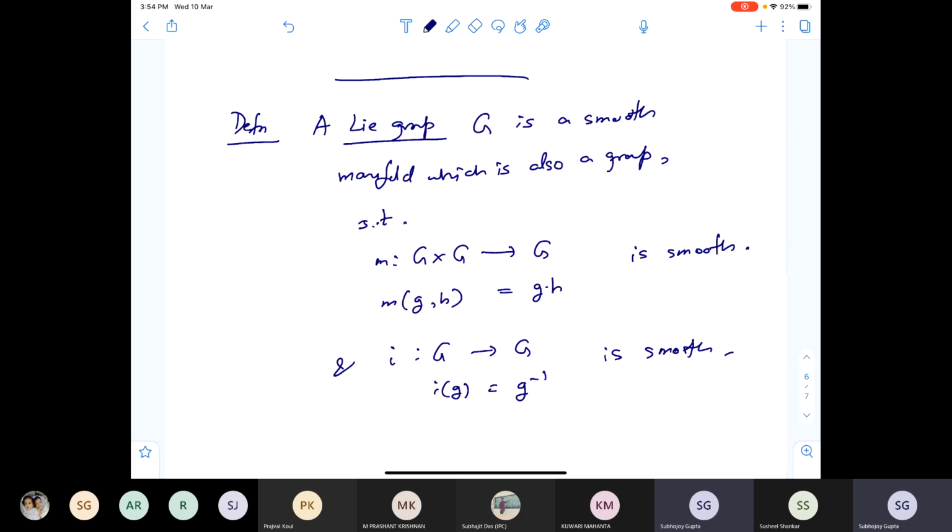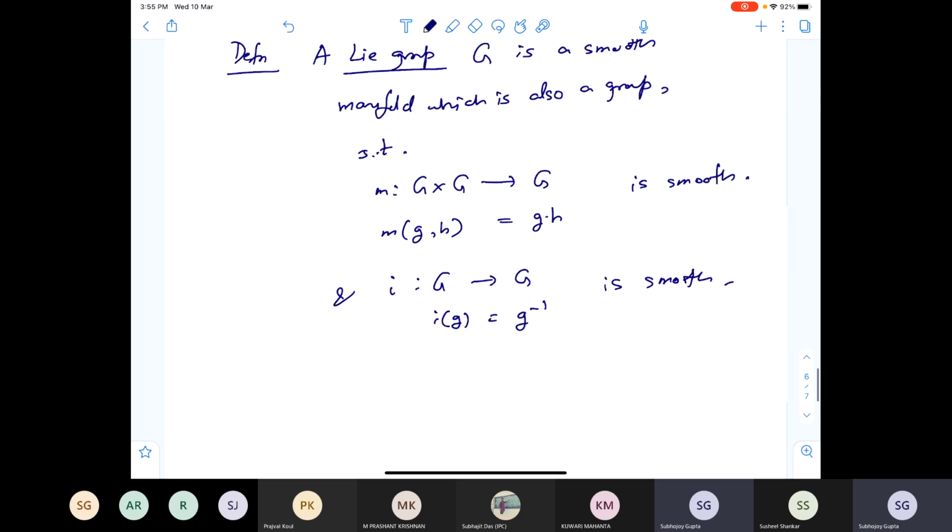So you want these two to be smooth maps, and that's what it means to be compatible with the smooth structure. There's also the weaker notion of a topological group, where you don't necessarily want these to be smooth, but just continuous: the multiplication map and the inversion map. And maybe you only think of it as a topological manifold. But for us, we'll be interested in when everything is smooth, and that's a Lie group.